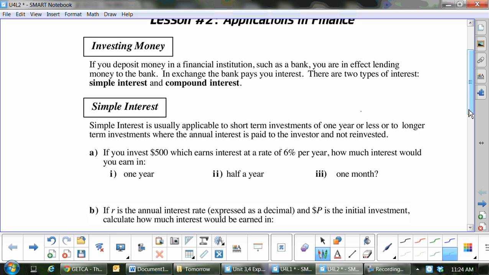So banks love you if you're in debt. You are their best friends if you're in debt. Now, if you're not paying your debt back, they're not your best friends. But if you are making your payments on your credit card, on your car, on your TV, on your couch, on your home, you can finance anything you want. You can even finance food, right? You buy it on your credit card.